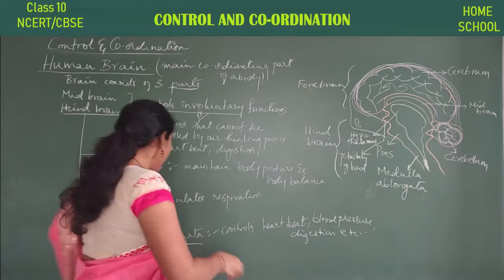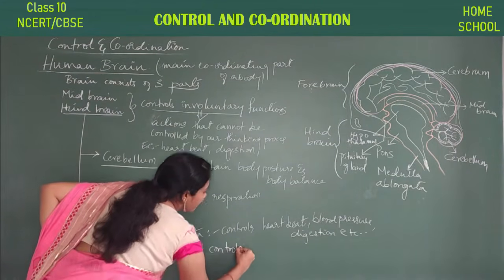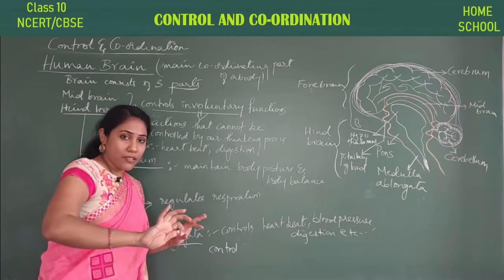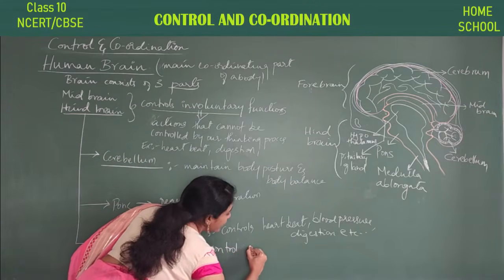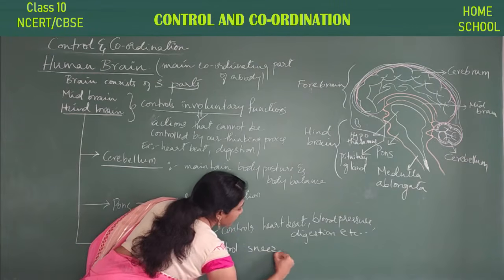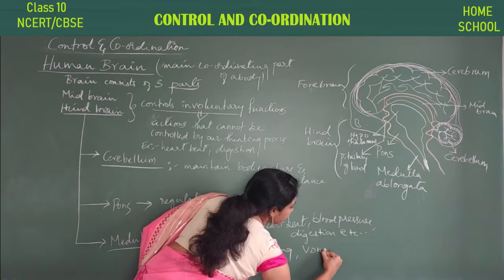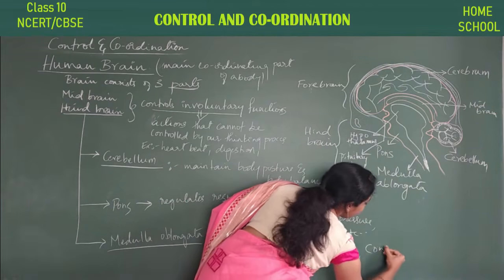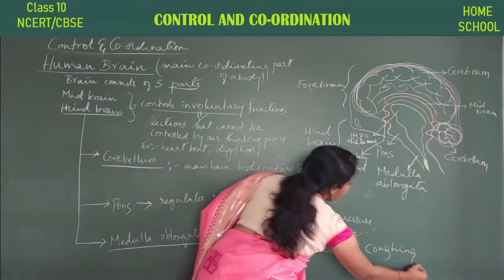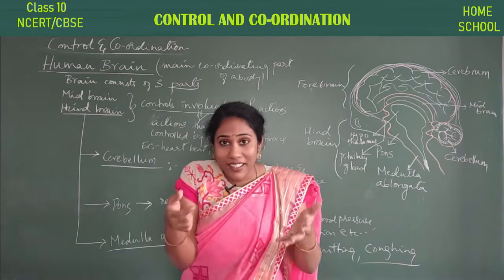Okay, and one more thing, this medulla oblongata can control some more actions. The actions can be sneezing, vomiting, coughing. Say for example, when you have to sneeze, achoo, right?